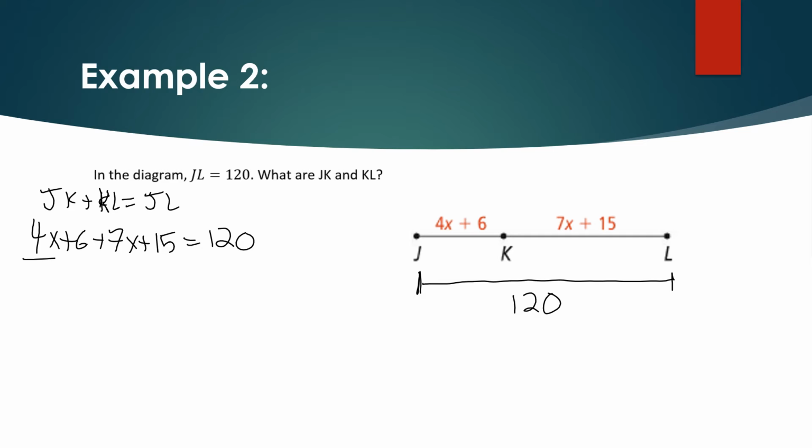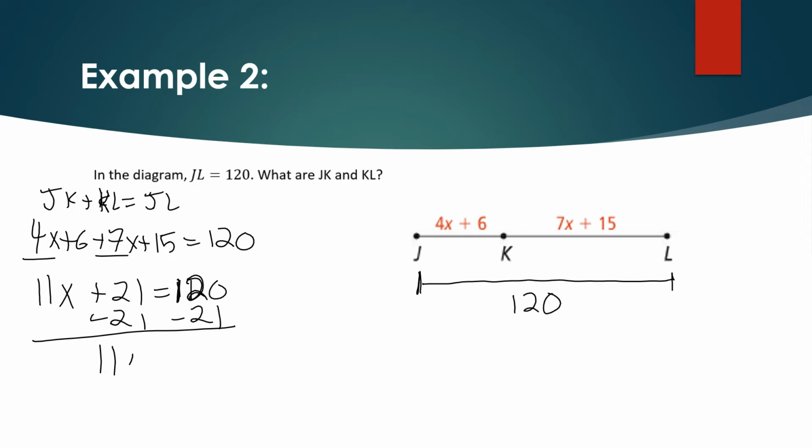So let's combine our terms. 4x plus 7x is 11x. 6 plus 15 is 21, and that equals 120. So I'm going to subtract 21 from both sides. Gives me that 11x equals 99. Divide by 11.